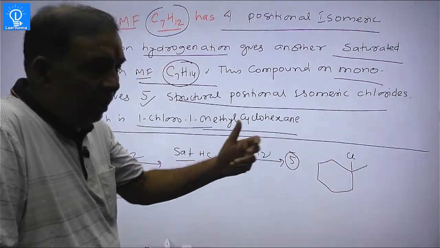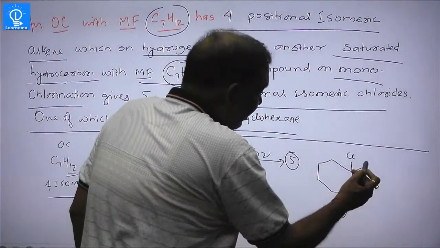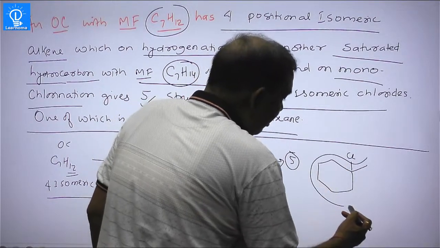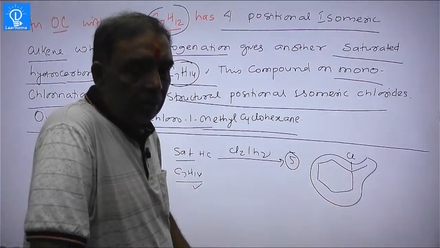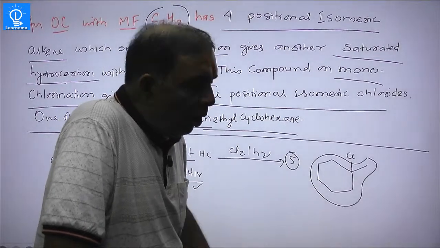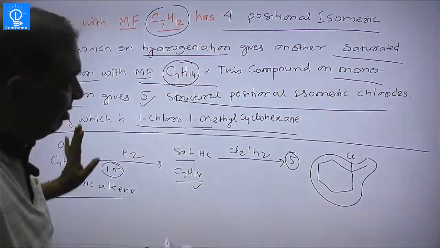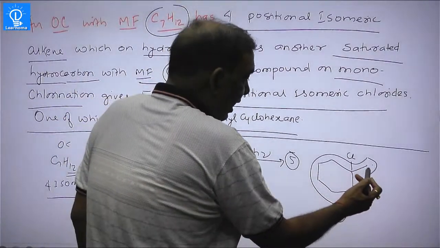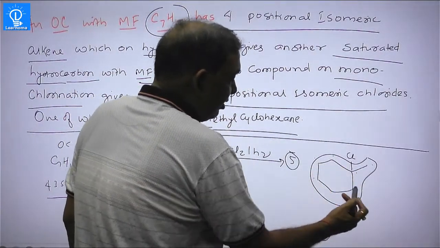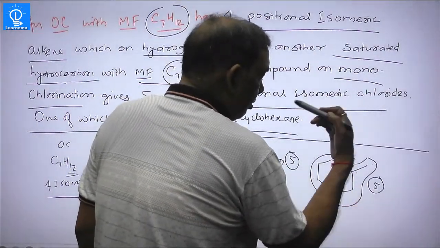In the same manner, as soon as you get this compound, the concept is clear. All the alkenes will be like this. And again test: 1, 2, 3, 4, 5. Yes, this will have 5 monochloride products.